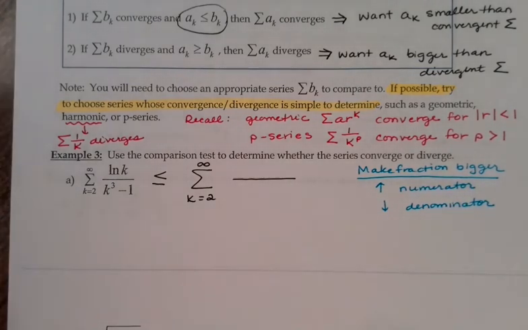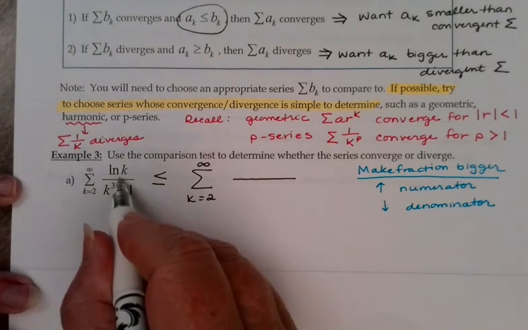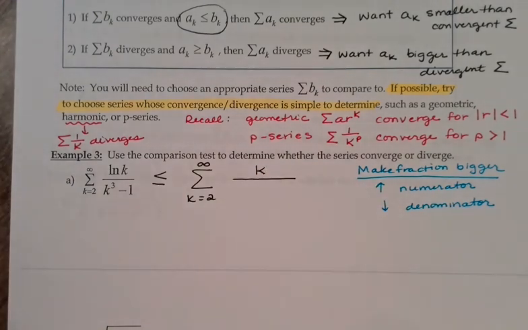All right, let's start with increasing the numerator. The natural log of k is always less than k itself. So that would be one way to increase the numerator.